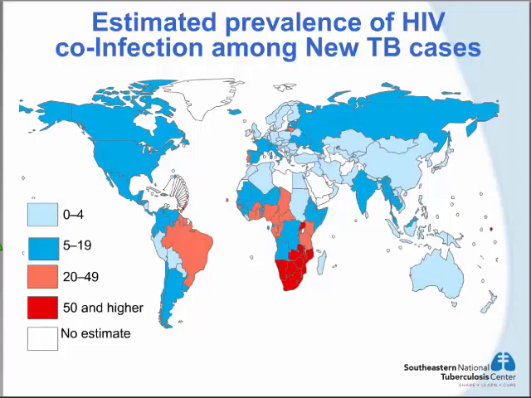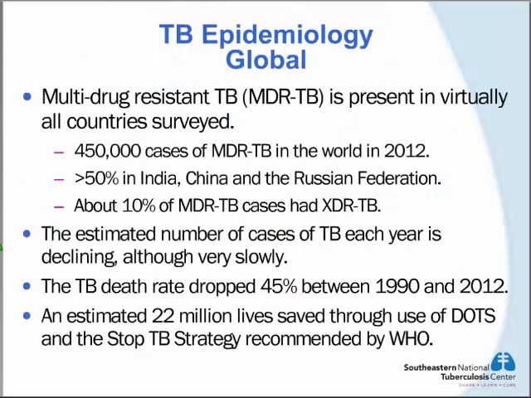But there are other countries, obviously, in the whole world. Multi-drug-resistant TB, what we call MDR-TB, is present in virtually all of the countries that are surveyed by the WHO. 450,000 cases of MDR-TB were reported in the world in 2012. More than 50% of those were in India, China, and the Russian Federation.